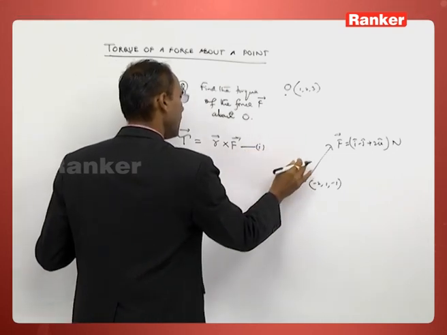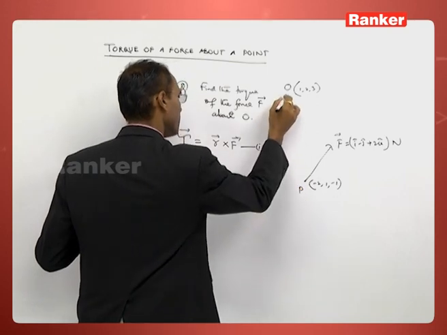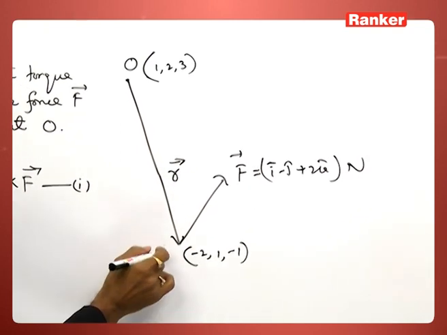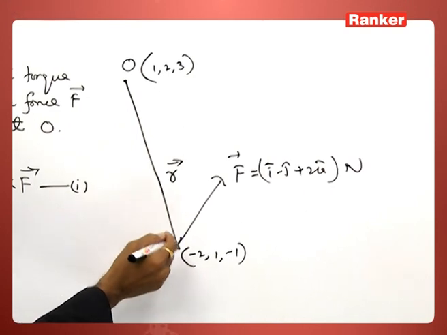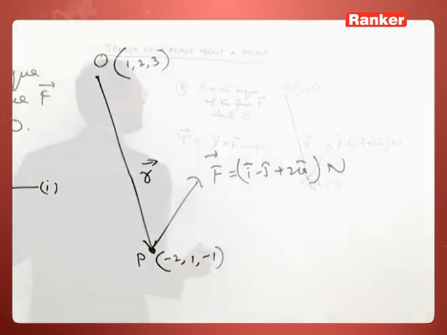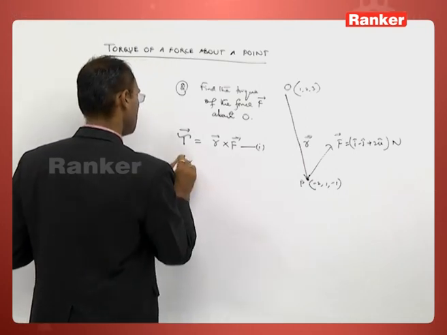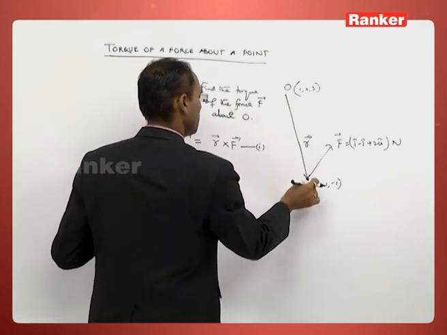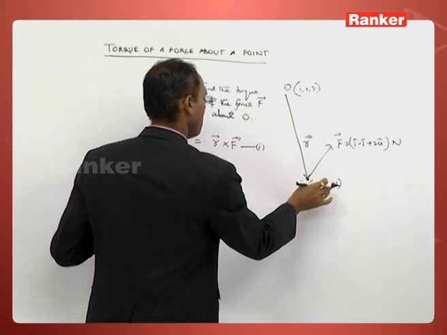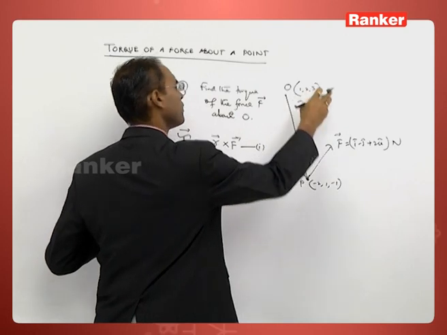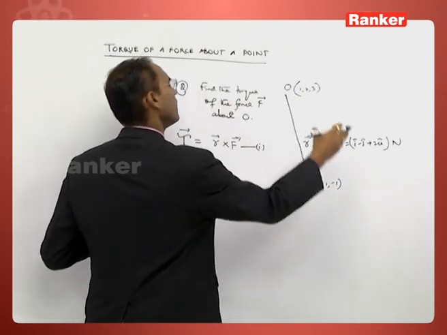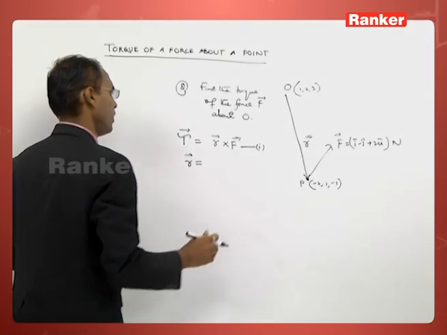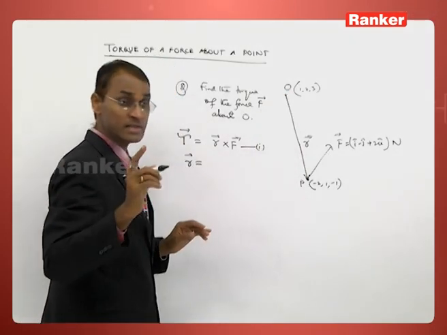What is R? R is the position vector of the point P where you are applying the force, with respect to the reference point O. R is equal to the position vector of the point P minus the position vector of the point O. You should not always think that the reference point is at the origin.